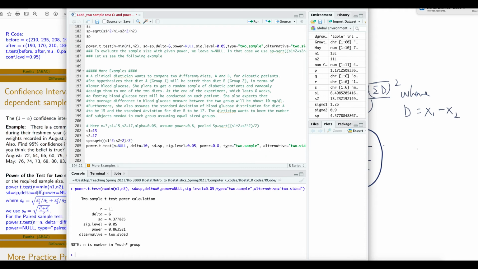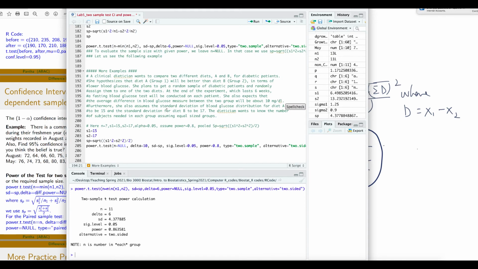She plans to get a random sample of diabetic patients and randomly assign them to one of the two diets. At the end of the experiment, which lasts 6 weeks, a fasting blood glucose test will be conducted on each patient. She also expects that the average difference in blood glucose measures between the two groups will be about 10 milligrams per deciliter, I think.